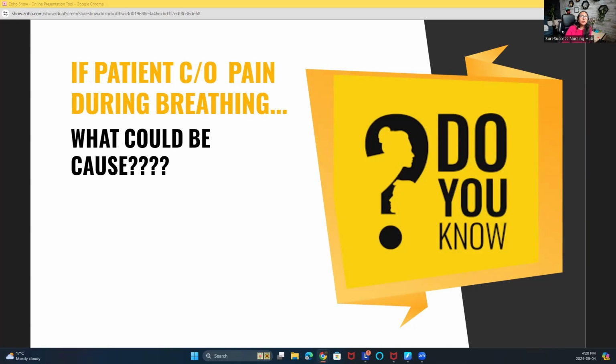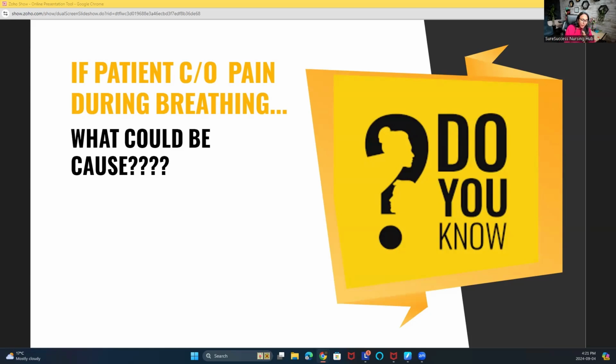Pneumonia, very commonly when we have any chest infection. Do you think all patients with pneumonia have chest pain when they're breathing in and out? No, not all. Tuberculosis, have you heard about chest pain during breathing? Have you ever studied that?